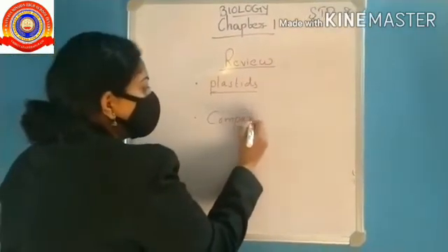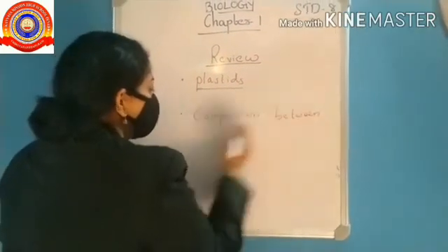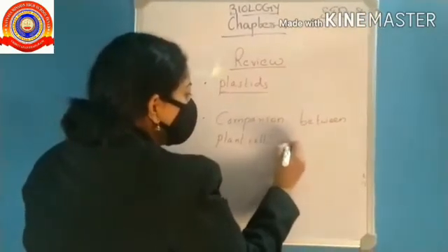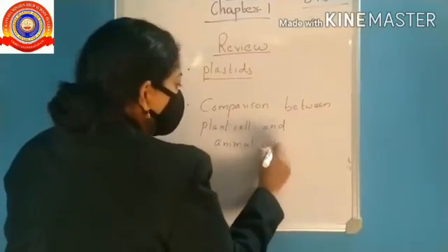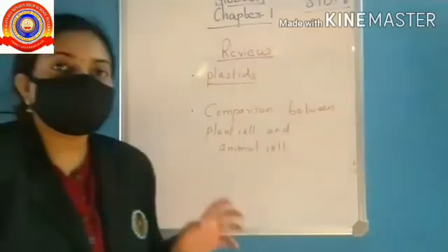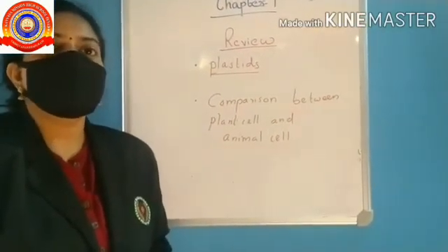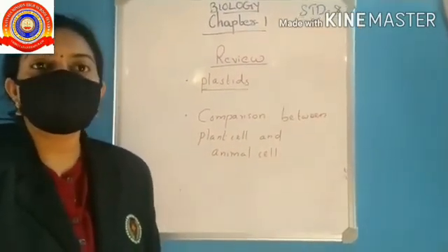Then we studied about the comparison between the plant cell and animal cell. Here some organelles are present both in plant cell and animal cell. And some organelles are only present in plant cell or animal cell.